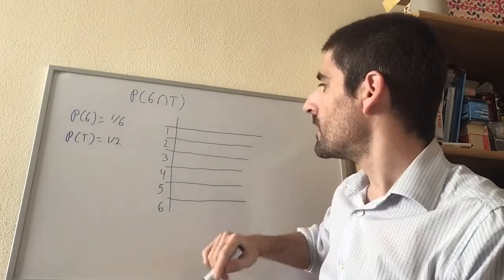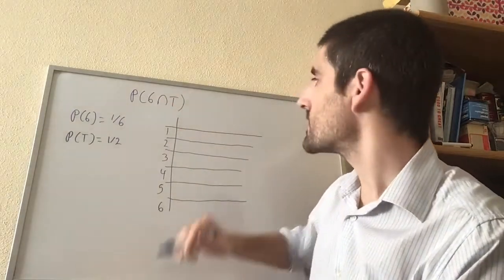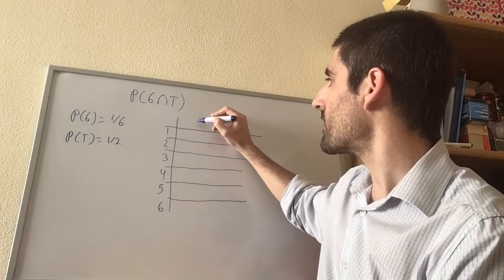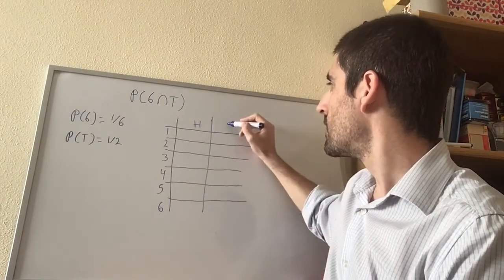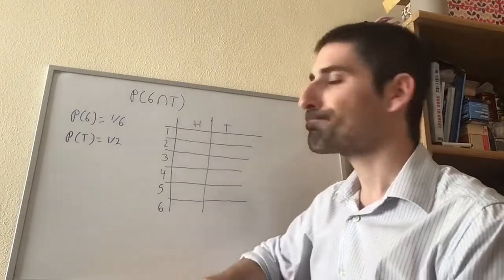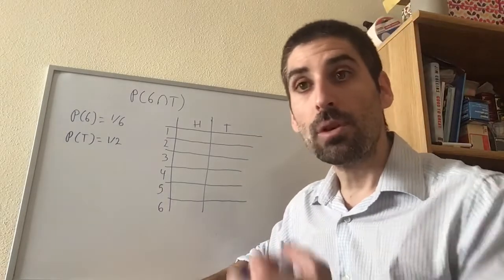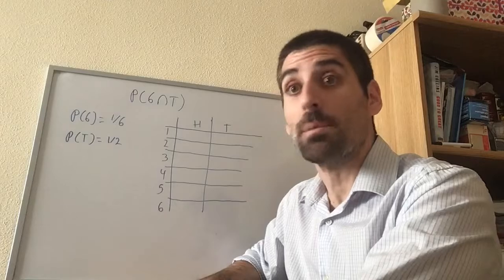Okay, so those are the possible outcomes of rolling the dice, and on the coin I could either get heads or tails.